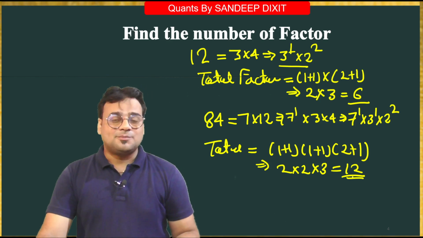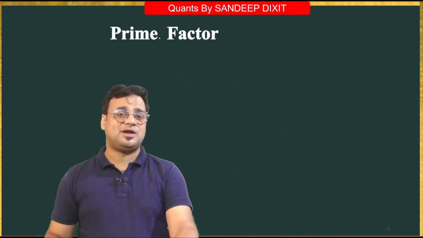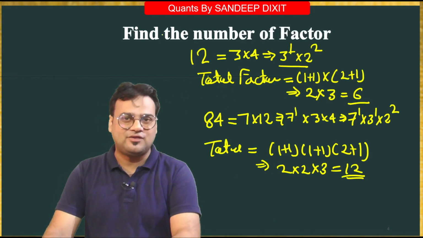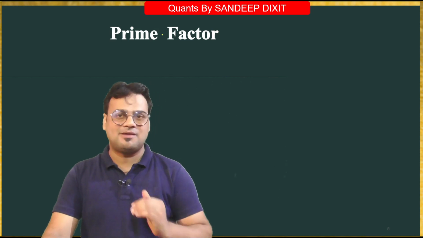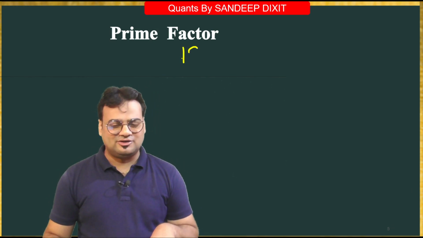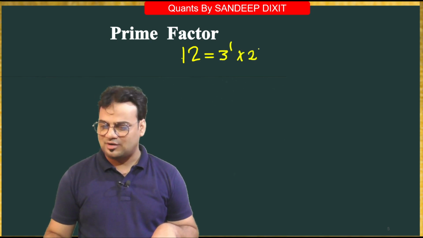Okay, suppose we are required to find the total number of prime factors. In the previous example we discussed the total number of factors. Now we need the number of prime factors. Suppose we take the same 12, written as 3 to the power 1 into 2 to the power 2.